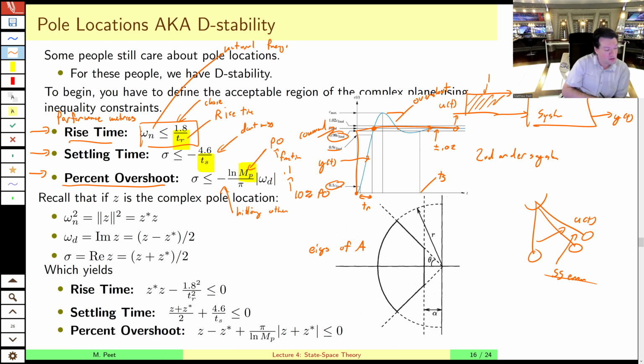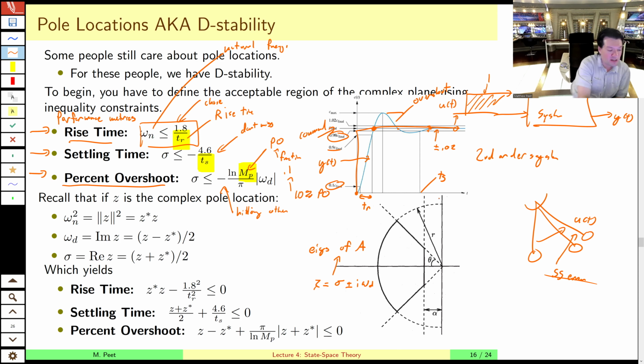Likewise, first of all, let's say the eigenvalues of A are, right? The eigenvalues of A are represented as the real part plus and minus, because eigenvalues always come in pairs, the imaginary component of the eigenvalue, which is called omega d, right?